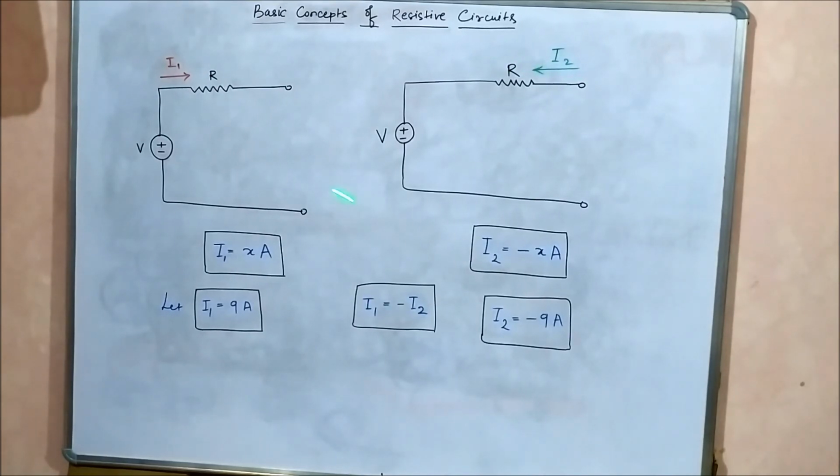So here we have discussed some concepts related to resistive circuits such as Ohm's law, the voltage drop, measurement of voltage drop across resistors, the way in which we measure voltage between two terminals, and also concepts related to measuring the current flow in a circuit.